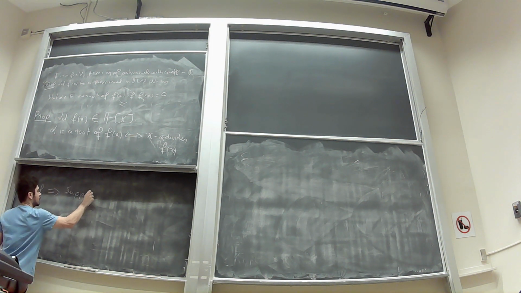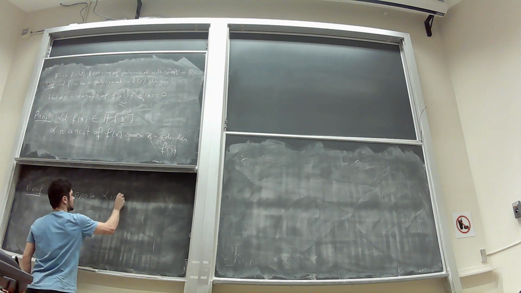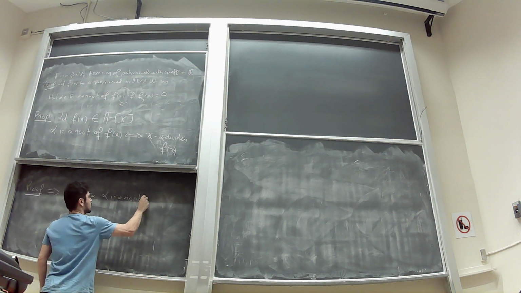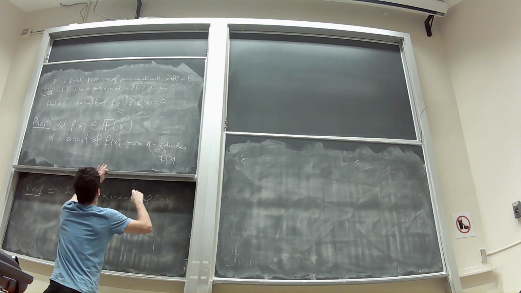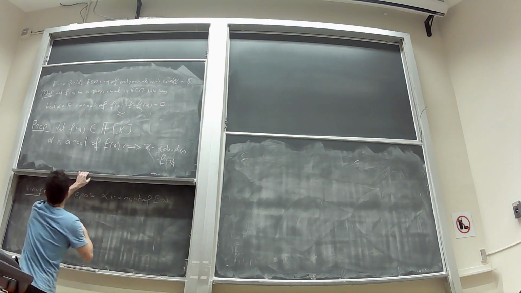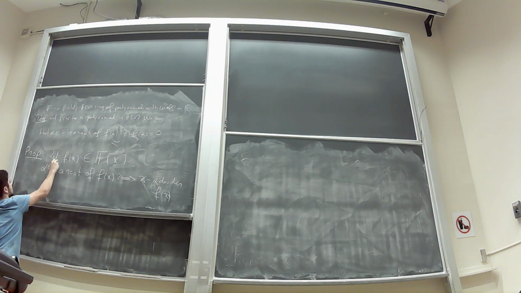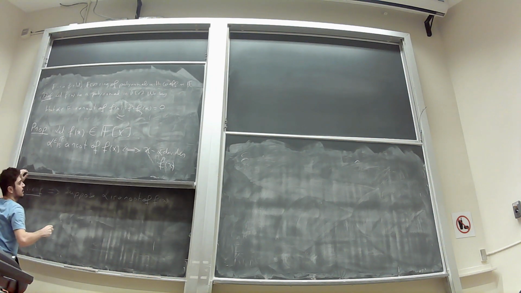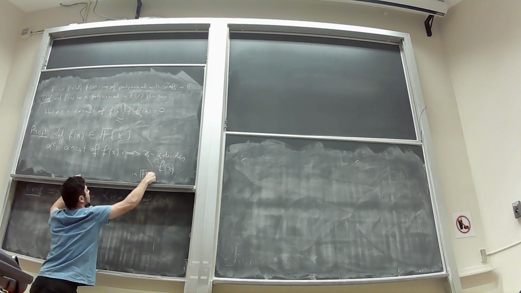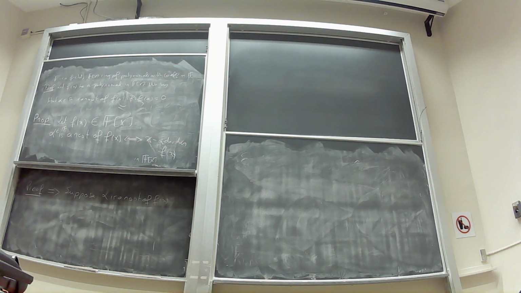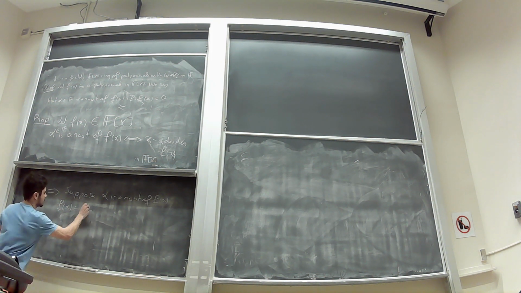Suppose alpha is a root. What does alpha being a root of f of x mean? Alpha belongs to F here, and f is in F of X. So suppose that alpha is a root of f of x, then f of alpha is 0.